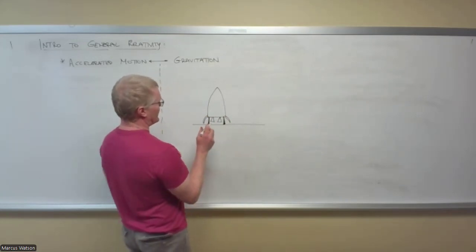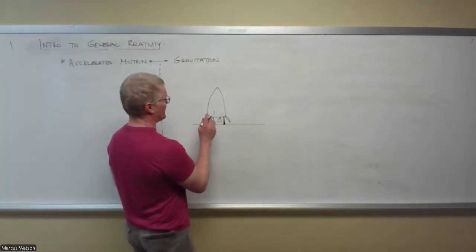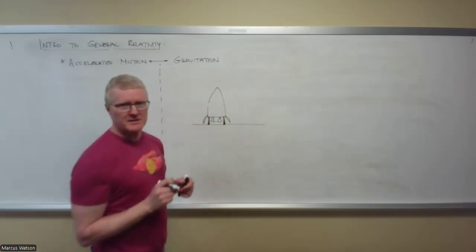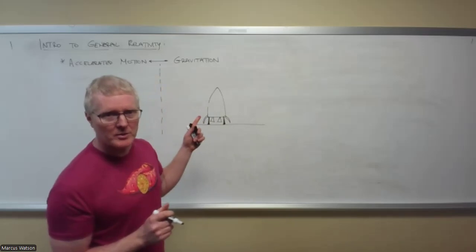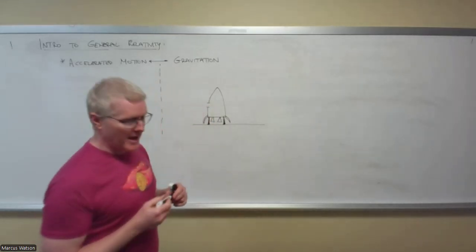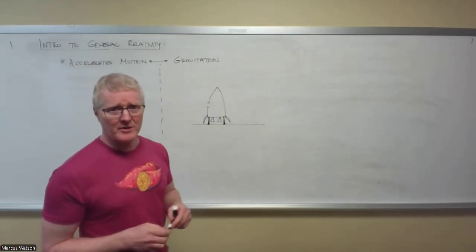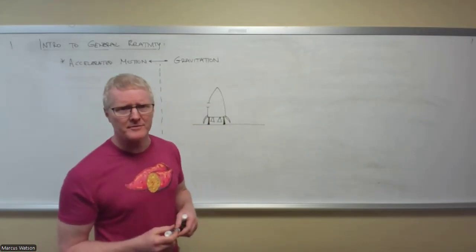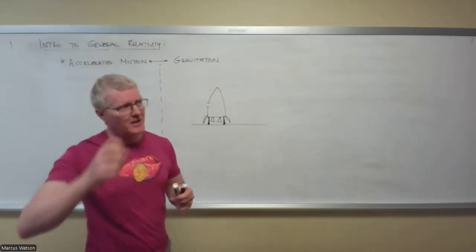And because this is a special rocket ship, we're going to have a window in the side right here. And because it's a nice sunny day here on Earth, because where do rockets blast off from? Cape Canaveral, in Florida, or somewhere like that, right?